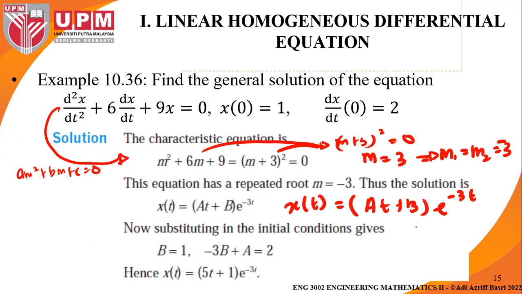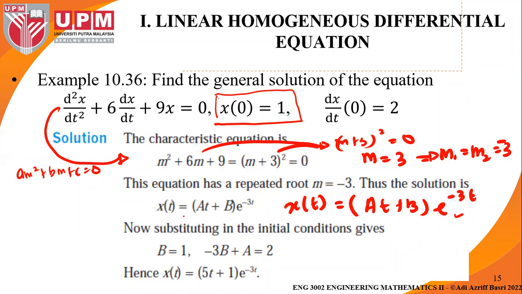So when we substitute this, that's the general equation. Okay, the characteristic equation and general equation. The next step is they give the condition, which is x(0) equal to 1 and dx/dt(0) equal to 2. So x(0) equal to 1.